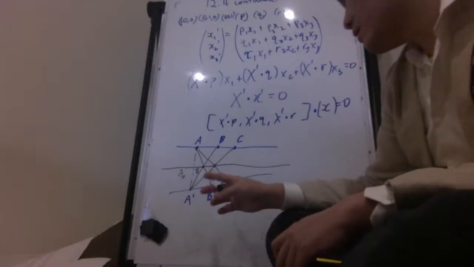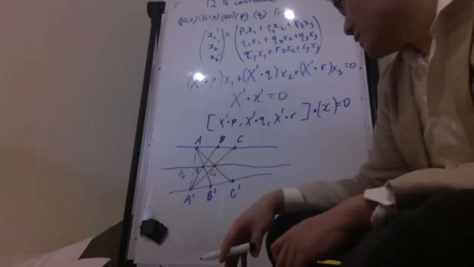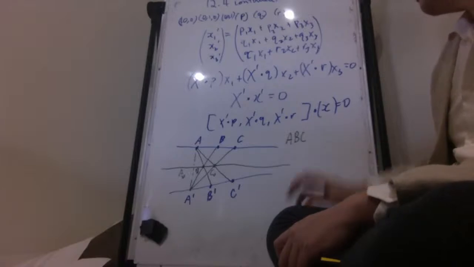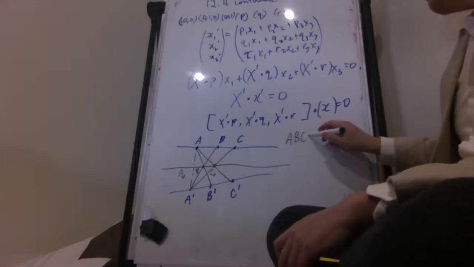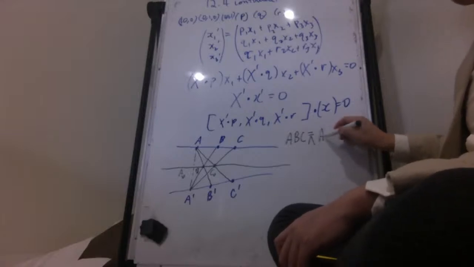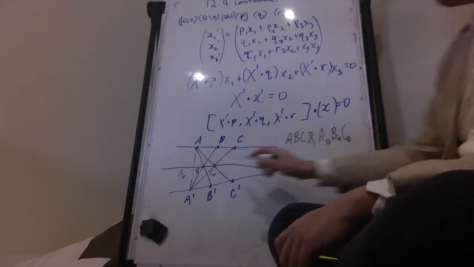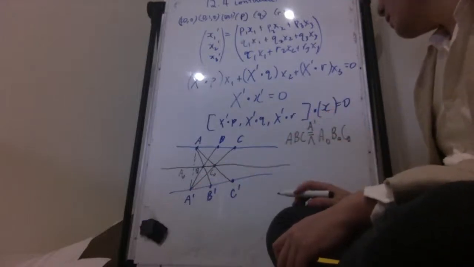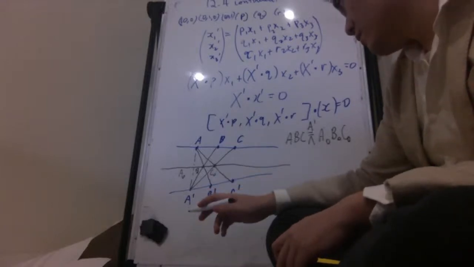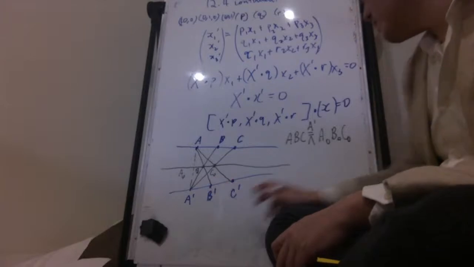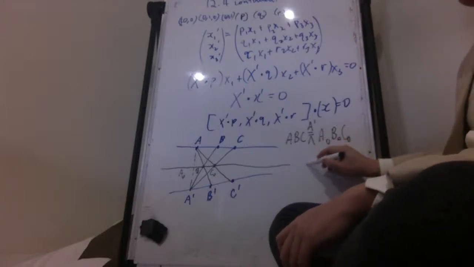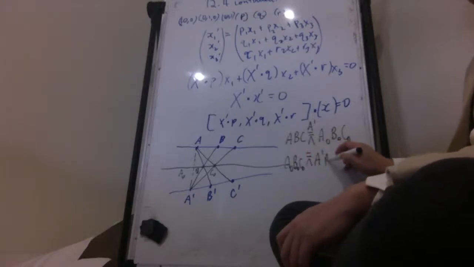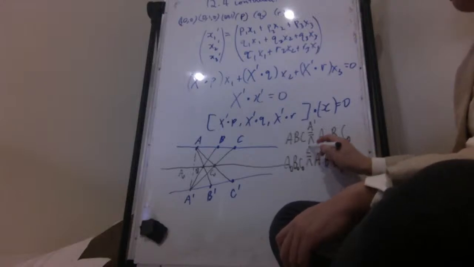What happens is you have a perspectivity from A, B, C to A0, B0, C0 through A prime. And then from A0, B0, C0, you have a perspectivity to A prime, B prime, C prime through A.